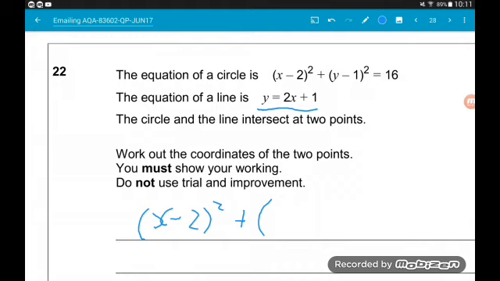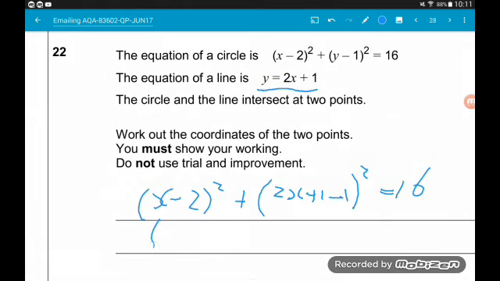We're now saying that y is 2x plus 1, so we get 2x plus 1 minus 1 squared, and that's equal to 16. So we've got x minus 2 squared plus just 2x squared. That's nice, which is equal to 16.